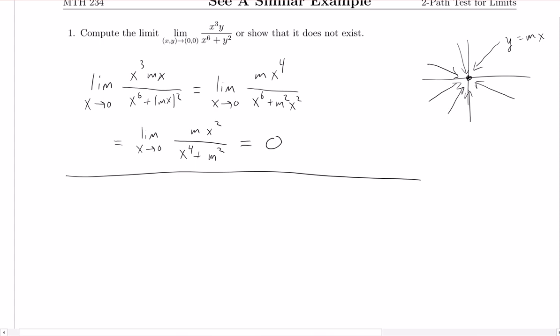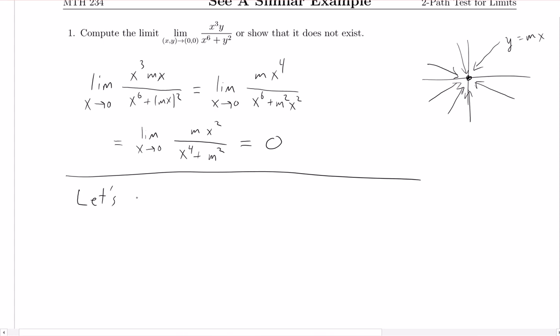So, look, we have one term in the denominator, x to the 6th. That we can't change. But we have the y squared. So, we would like to pick something so that when we plug it in for y squared will combine with the x to the 6th. So let's choose y equals x cubed, because that will do exactly that.